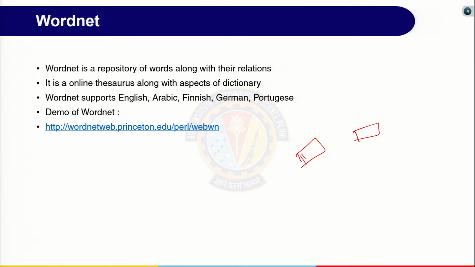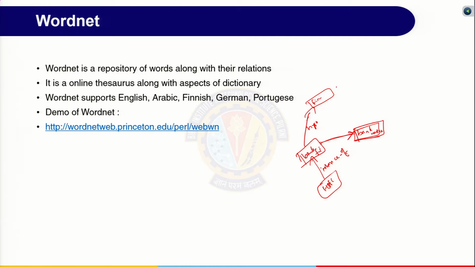Like bank: there's a bank which has a financial institution sense, and then there's a bank which has the sense of river and water bed. So there are different senses of the words which are connected with some relation, and then we have the parent relations, hyponym relations, like financial institution, and then we have other relations like instance, where we are talking about a specific bank, maybe like HDFC.